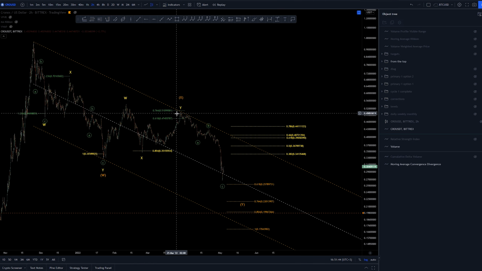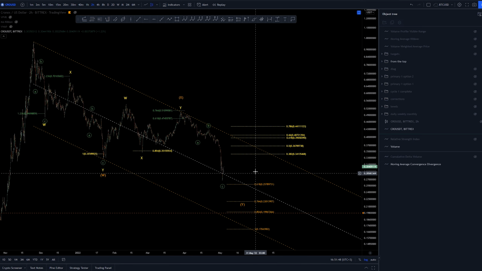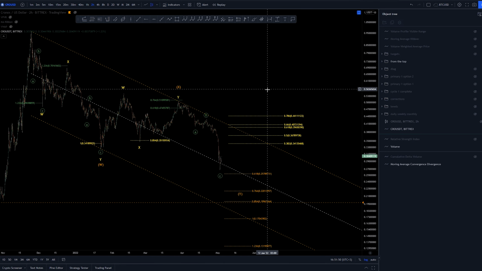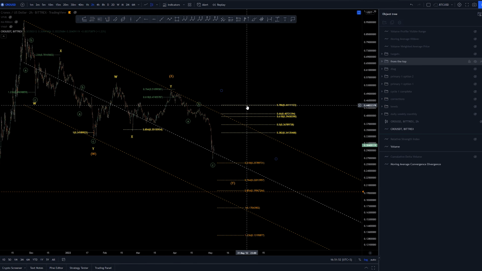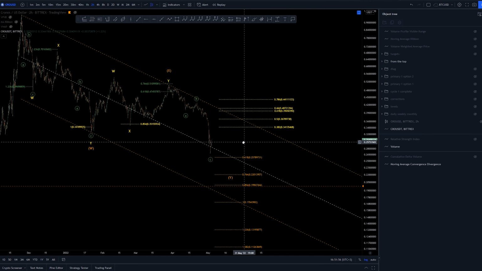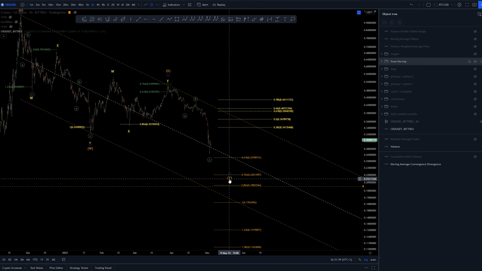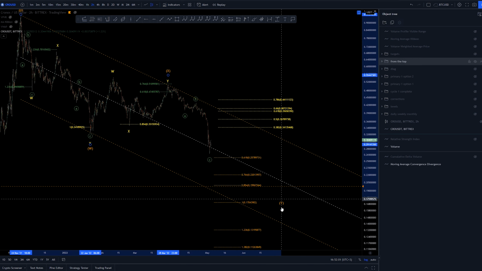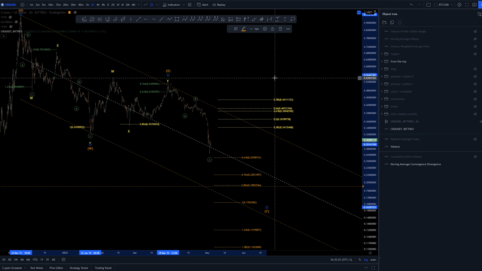Now this current one, after the highs of March 28th, we've just been rolling down real fast. Currently it looks like we could have bottomed here, but we haven't completed the whole structure to me.